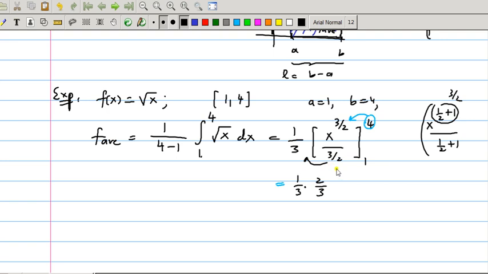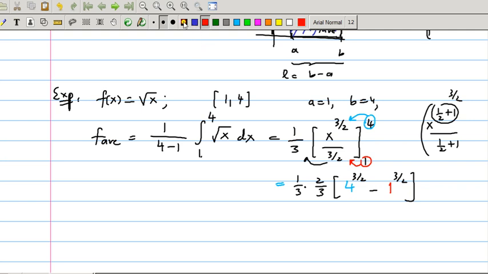Because it's in the denominator. So now if you replace 4 in here, it becomes 4 to the power 3 by 2 minus 1 to the power 3 by 2. So 4 is replaced here, and minus, 1 is replaced here. So first the upper one, then the lower one, right, for x.